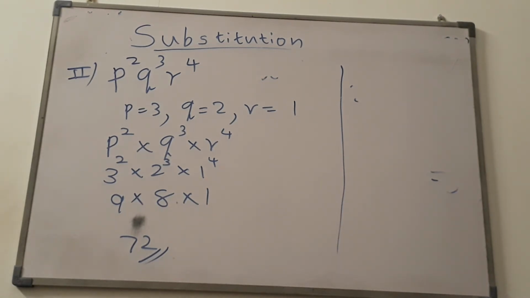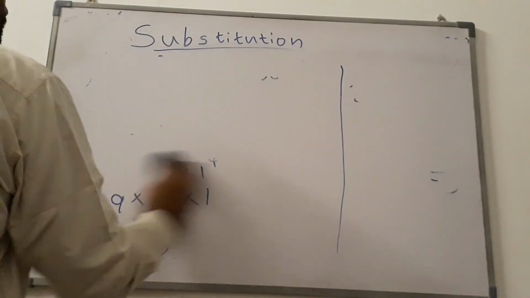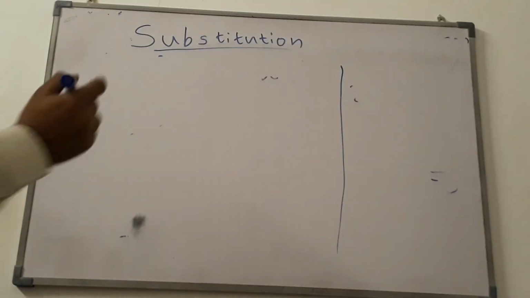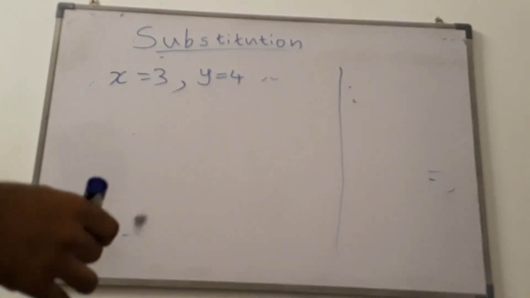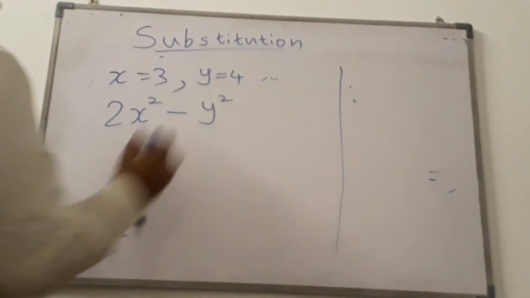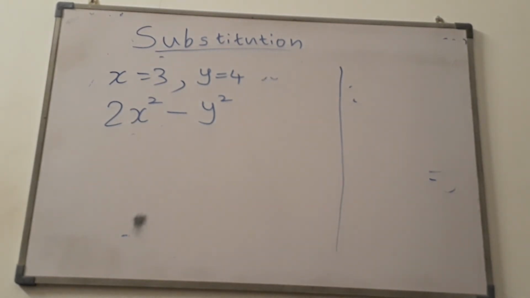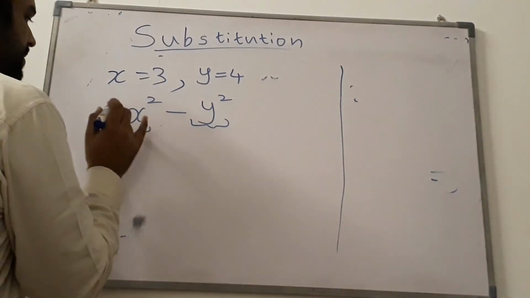Final question. x equals 3 and y equals 4. 2x squared minus y squared. How can we do this? First we will expand.